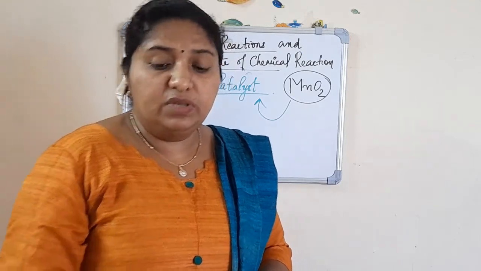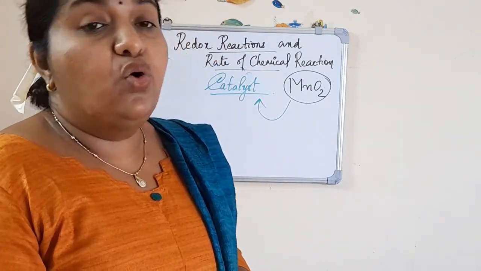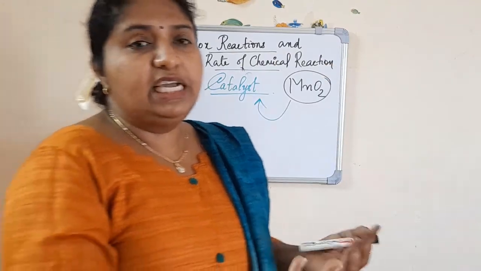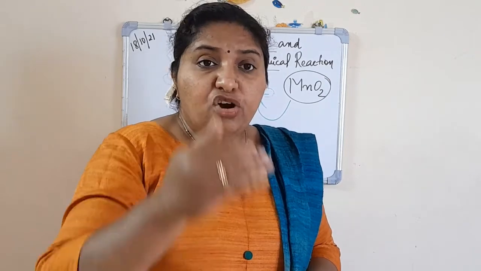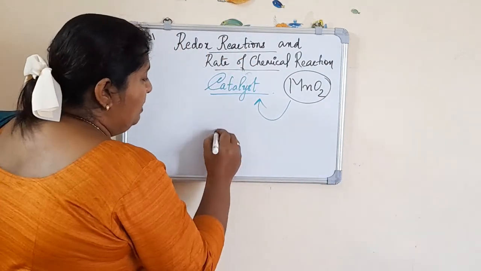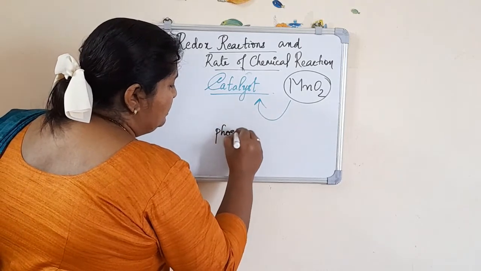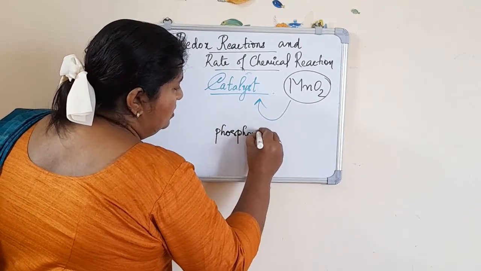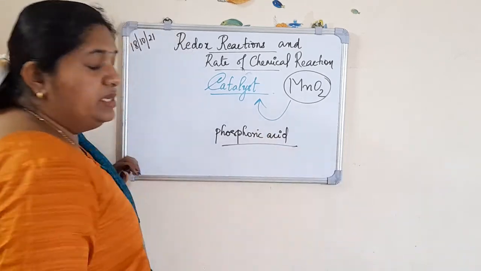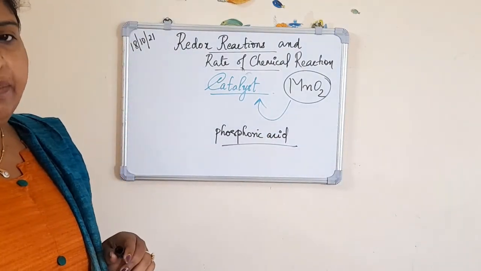Decomposes very quickly, so the storage is very difficult, because if you keep a bottle of hydrogen peroxide somewhere, it gets easily decomposed. So in order to reduce the decomposition, in laboratories we add a little bit of phosphoric acid to it.